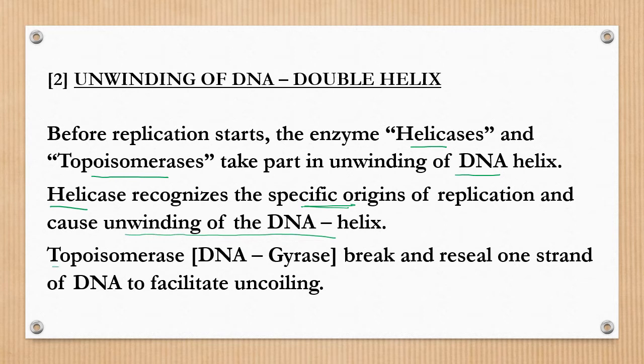And this topoisomerase, also called DNA gyrase, breaks and reseals one strand of DNA to facilitate uncoiling. So what does it break? It breaks the hydrogen bonds between the strands.